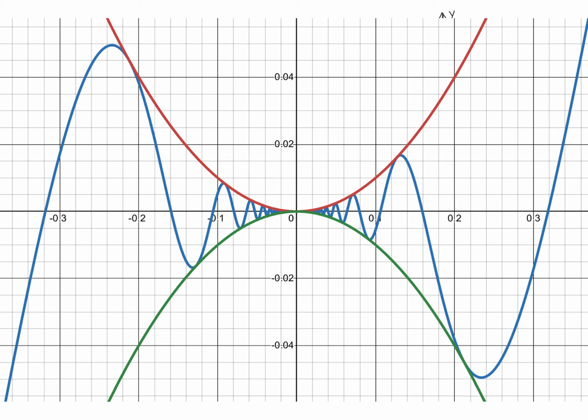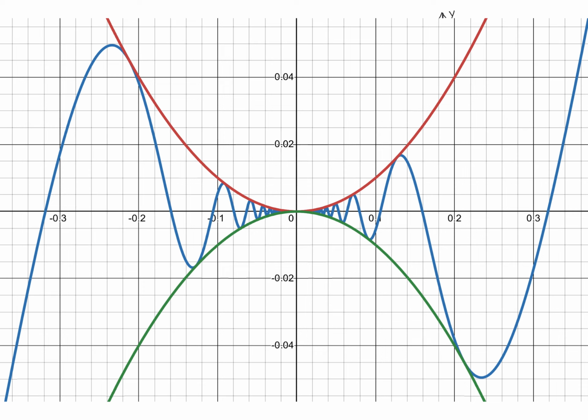But because it's being multiplied by x squared, instead of going up and down between positive 1 and negative 1, this is actually oscillating between positive x squared and negative x squared. And so even though it's oscillating quite a bit in the middle, it's getting pinched by these two functions, so that even though it's oscillating an infinite number of times in there, it's not oscillating any distance because it's being pinched down to a point right there in the middle.